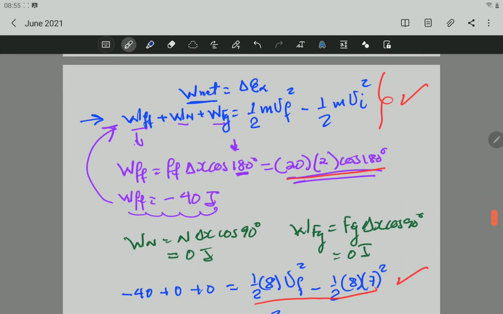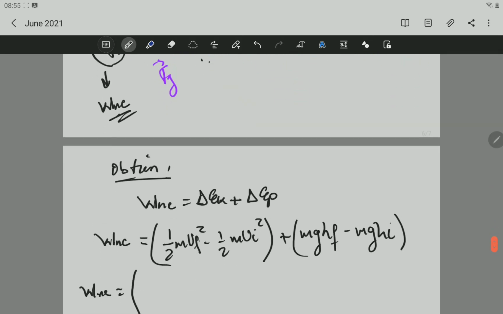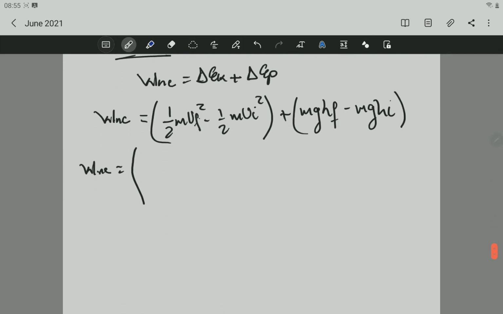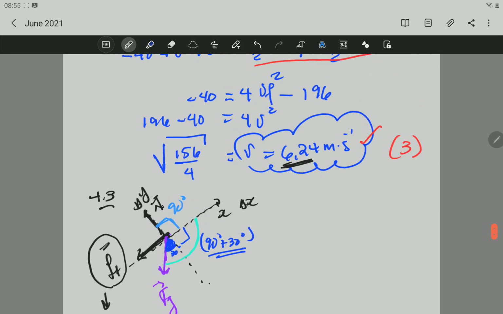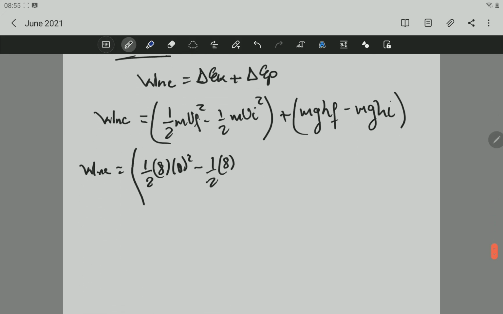So half multiplied by 8 multiplied by 0 to the power 2, which is going to be 0, minus half multiplied by 8 multiplied by the initial speed to the power 2. The initial speed was calculated here, so it's 6.24 multiplied by 6.24 to the power 2.